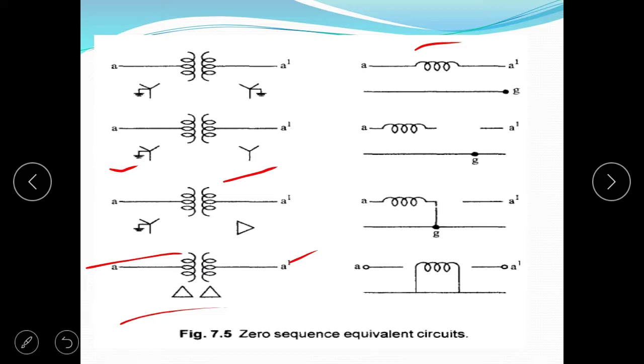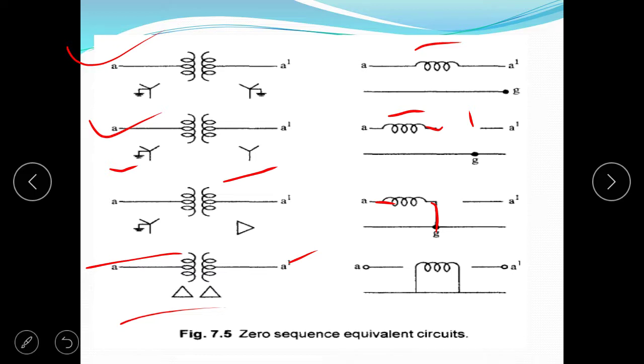When the connection is star grounded star, the series impedance is represented, but at the star side which is not neutral grounded, the connection is open circuited. Similarly for star ground and delta, the star ground connection is shorted and the delta connection is connected to the ground. Similarly for delta delta connection, a four switch operation is considered.